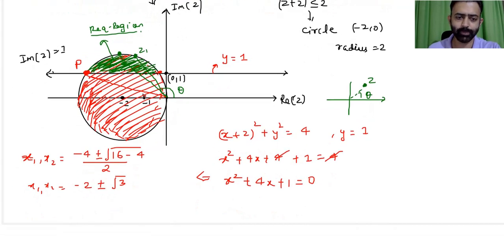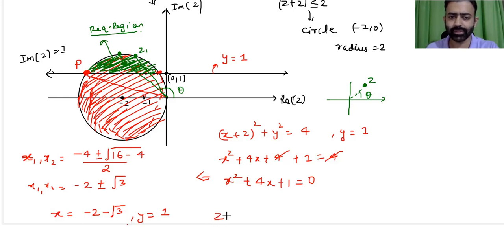So the x coordinate of the required point P will be −2 − √3, and obviously y is equal to 1 here. So I now have the coordinates of P, which is (−2 − √3, 1).